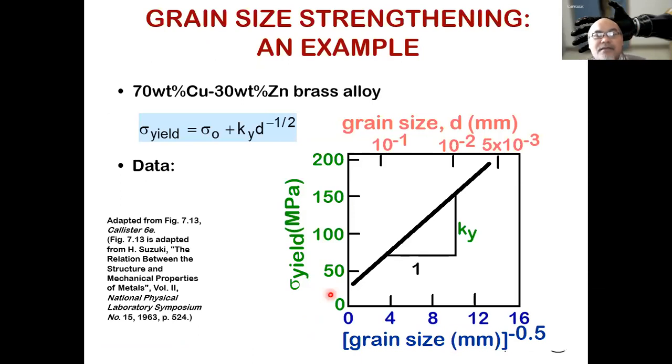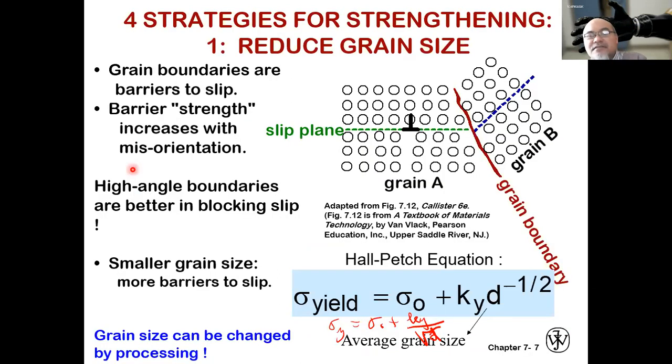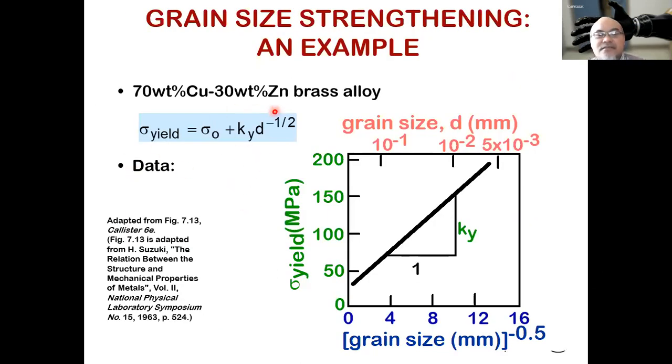This is an example of grain size strengthening. You have a brass alloy which has 70% weight copper and 30% weight zinc. According to the Hall-Petch equation, you have the data here. This is the graph. When the grain size, which is given as a minus power, is increased, it means the grain size is actually decreased.